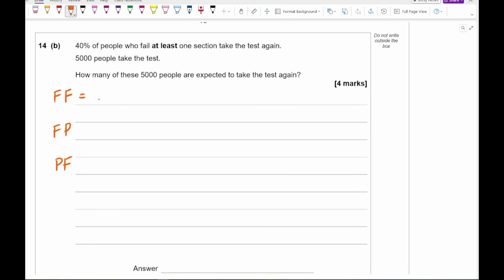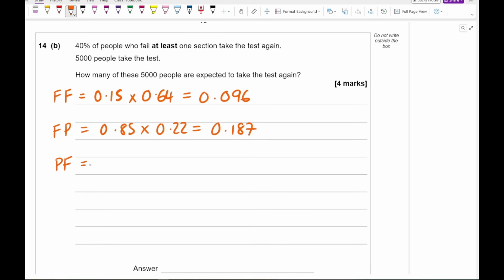So using the probabilities from the tree diagram, this is going to be 0.15 multiplied by 0.64, and that gives me an answer of 0.096. A fail and a pass is 0.85 multiplied by 0.22, which gives me 0.187, and a pass and a fail is 0.15 multiplied by 0.36, which gives me a probability of 0.054. Then all I need to do is add those three probabilities together, which gives me 0.337.